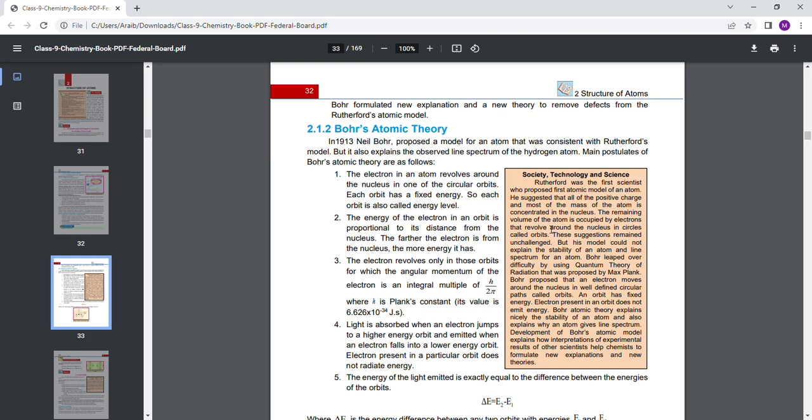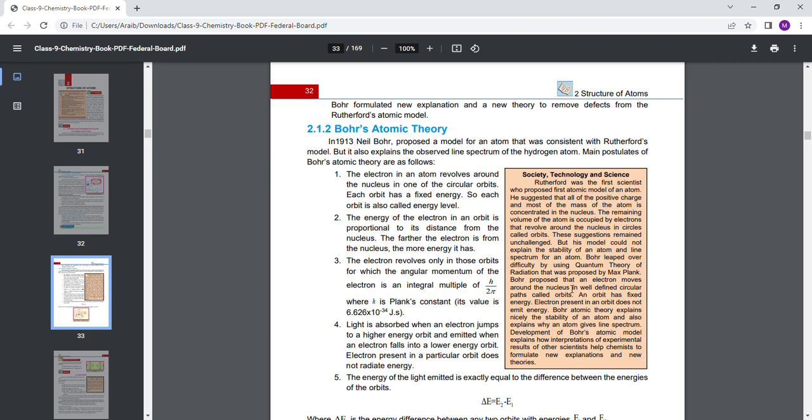The remaining volume of the atom is occupied by electrons that revolve around the nucleus in circles called orbits. These suggestions remained unchallenged, but his model could not explain the stability of an atom and the line spectrum of an atom. Bohr leaped over the difficulty by using the quantum theory of radiation that was proposed by Max Planck.